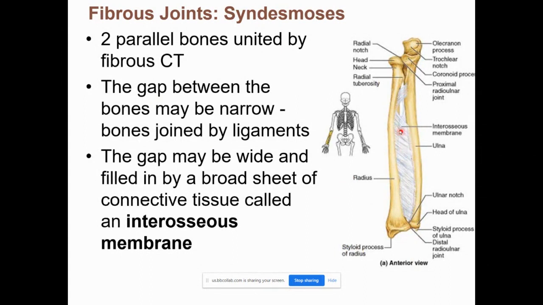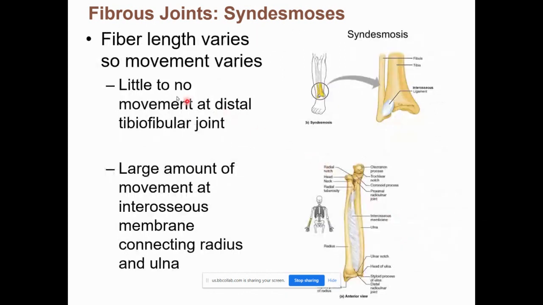So in this area here, where we have this wide gap between the forearm bones with this membrane in between them, there's a lot of motion. Or if we go to the distal end near the wrist here, they're very close together, so there's not much motion, if any at all. So that's what this says here: the fiber length varies, so movement varies.